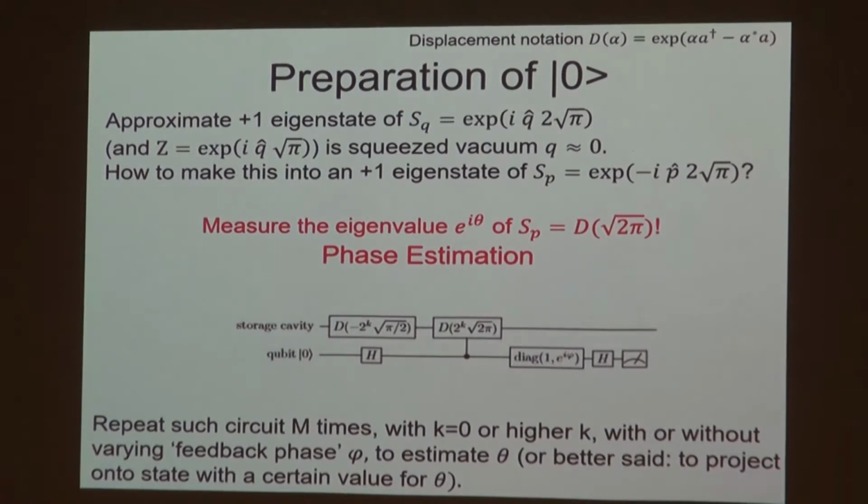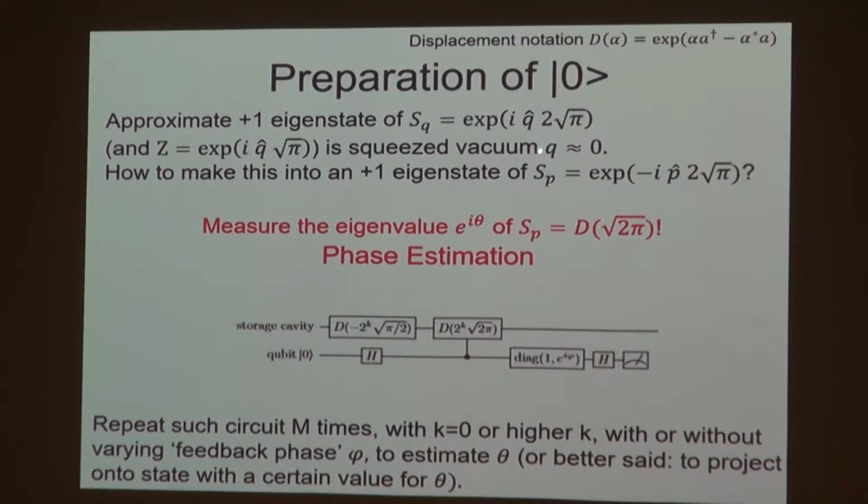Okay, so why is that a good way of preparing these states? What I want to do is, say I have two operators, S_Q and S_P, these two. And I just want to create an eigenstate of these operators. Now, it's actually not so hard to already be an eigenstate of this operator, because I can prepare a squeezed vacuum such that Q is approximately 0.